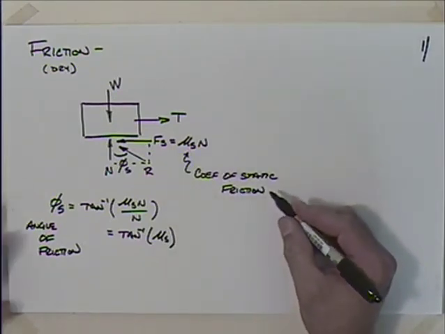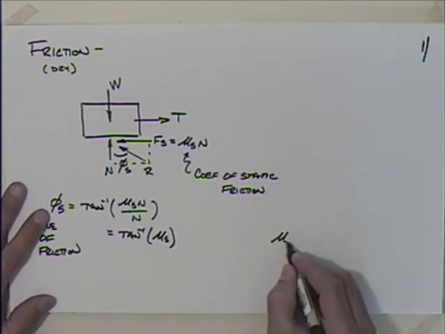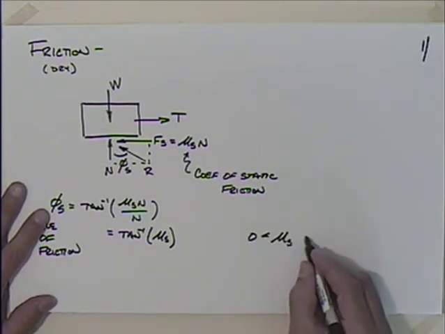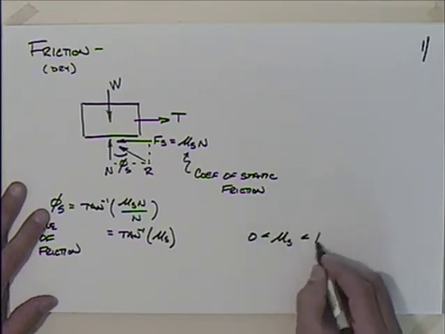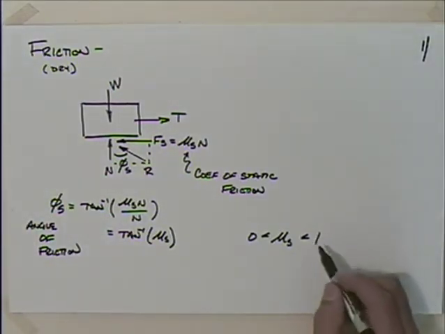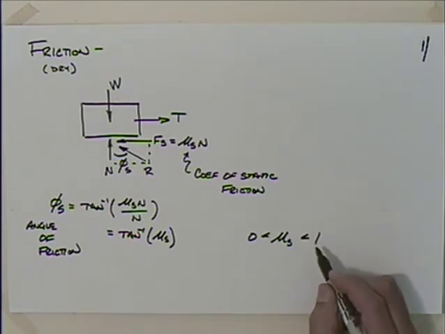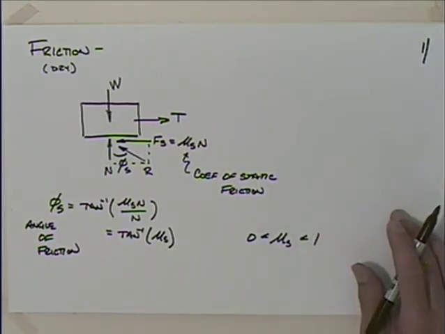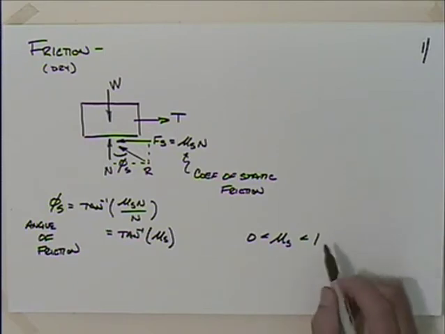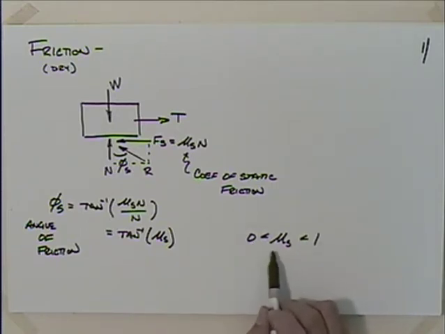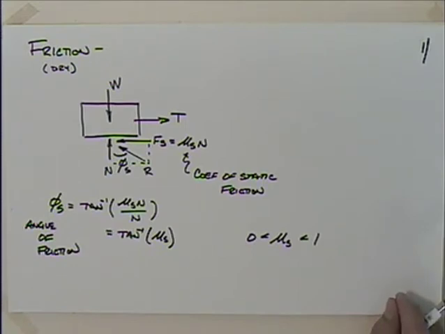Now typically, the coefficient of friction, mu sub S, is going to be greater than 0, and most of the time, less than 1. If you start getting over 1, there are some cases, maybe a very sticky tire on a dragster, but for most of the things, when we're looking at a rope going over a piece of wood, or maybe a rubber belt sliding on a piece of steel, or maybe for the civil engineers, building a retaining wall or a dam, where we've got some concrete on earth, most of those coefficients of friction are going to fall between 0 and 1.